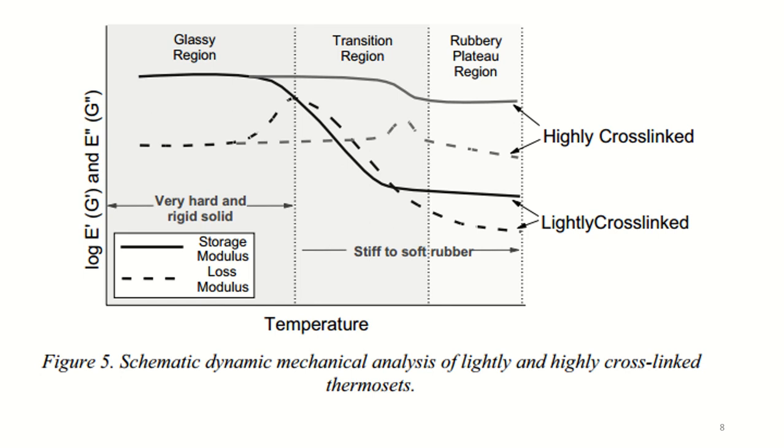There are three regions: a glassy region, which is similar for all thermosets and is characterized by a very high storage modulus, which is less than 1 GPa, a low loss modulus, and a very low tan delta.